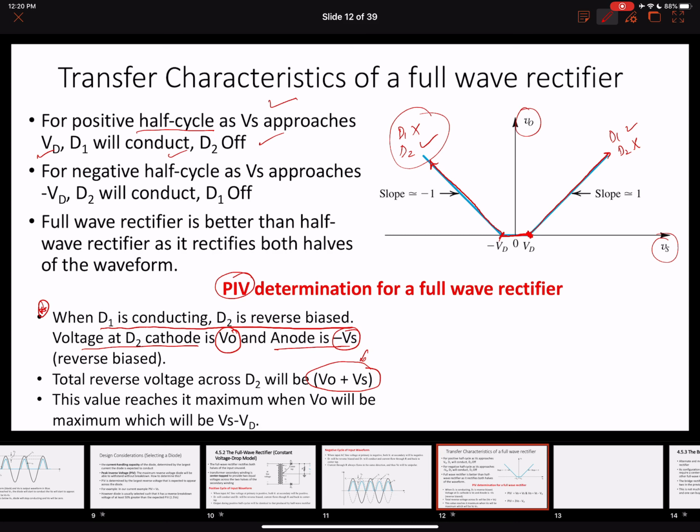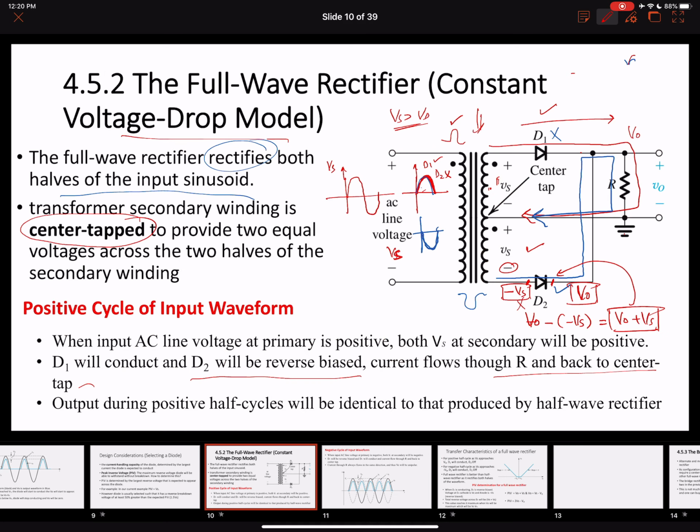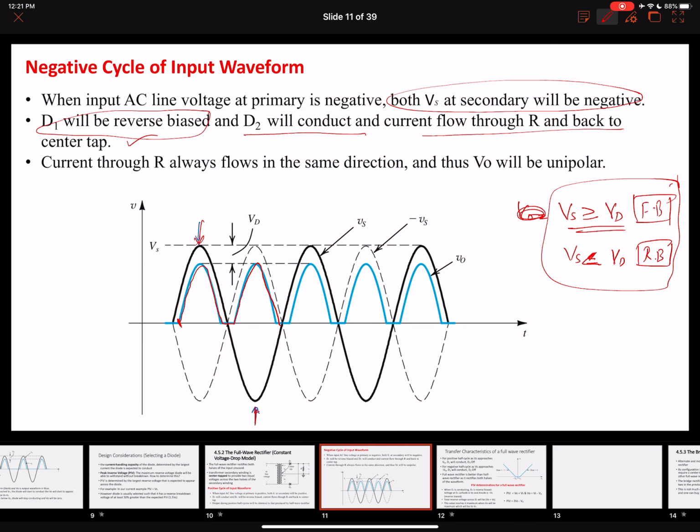Since we are interested in the maximum reverse voltage that can appear here, we need to look in slightly more detail. The value of V0 is changing, and the maximum value of V0 is Vs minus Vd. You can also see it over here.